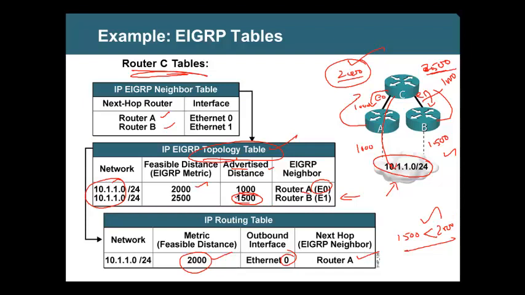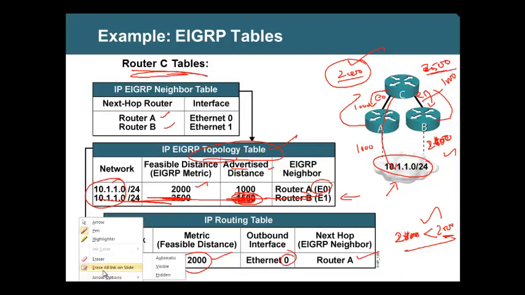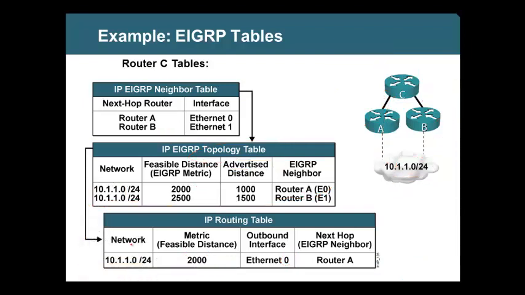Let's say this one is 2100. If this is 2100, then you will not find this line here. Why? 2100 is not less than 2000. Please ask me a question if you have.